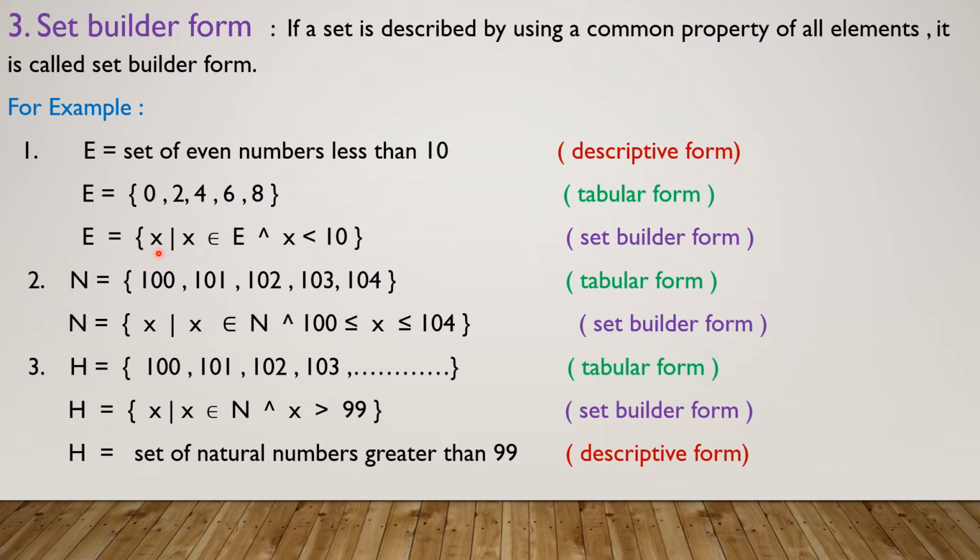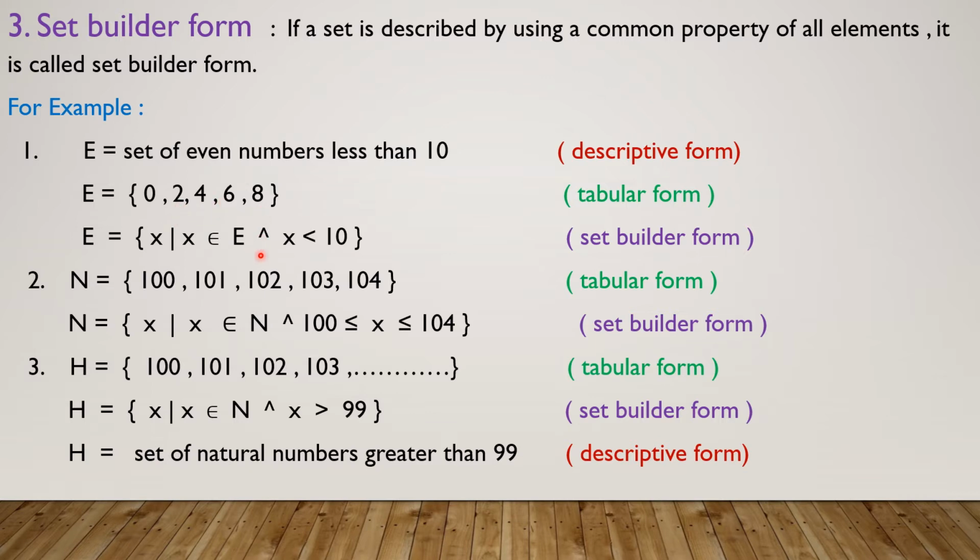Now we are describing our set by using the common property: we have all x's in our set where x belongs to even numbers and x is less than 10. We are describing our set by using the property of all of these numbers, that all of these numbers are even.